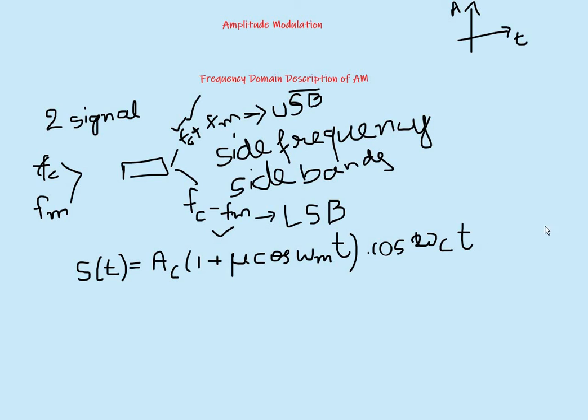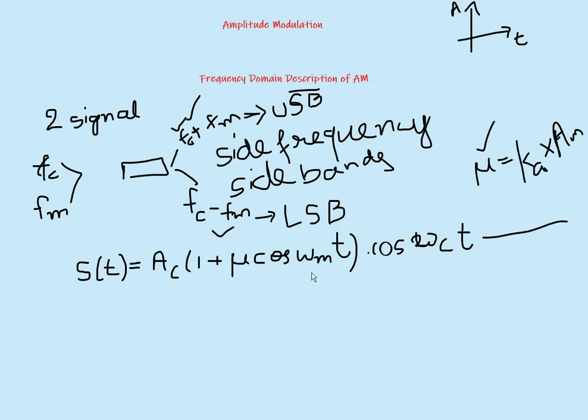This is the equation that we got, right? Where mu is nothing but the amplitude sensitivity into AM, which is called the modulation index, and it is dimensionless.